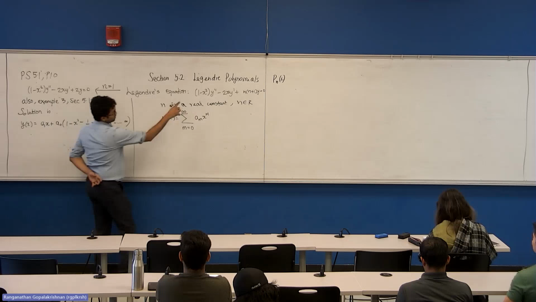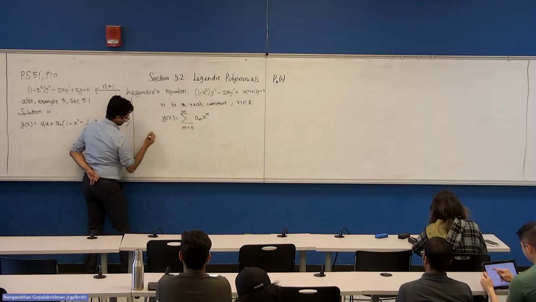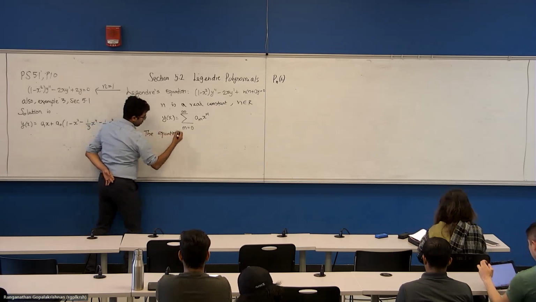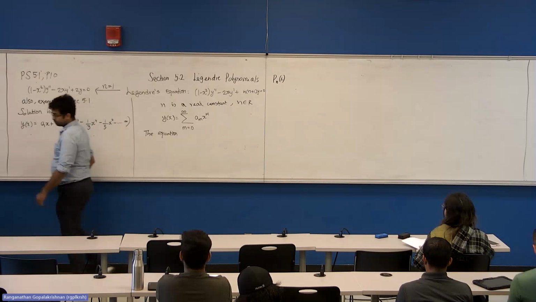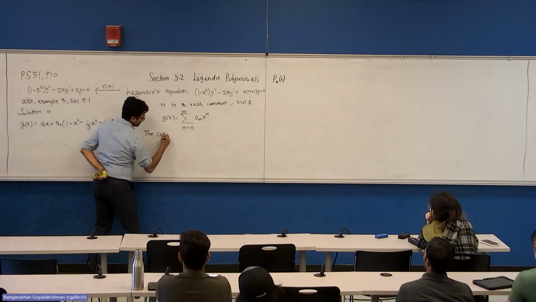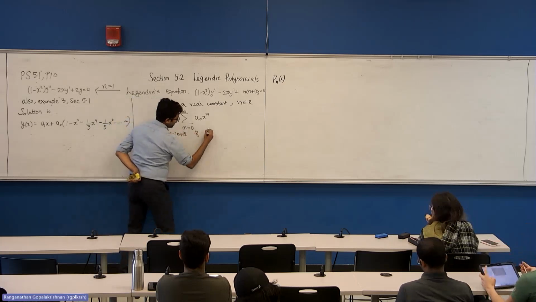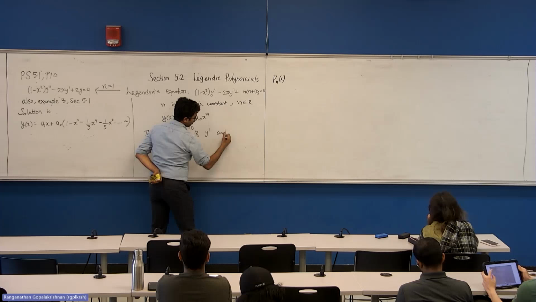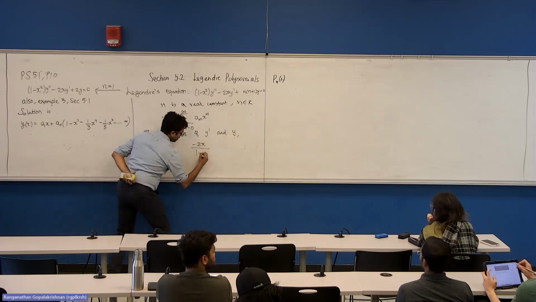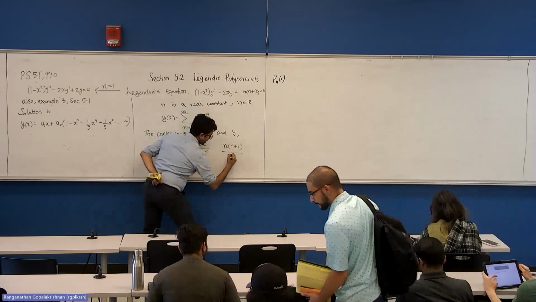And since this function is multiplied by 1 minus x squared, actually I should write the coefficients of this equation, the coefficients of y double prime, y prime and y, which are respectively minus 2x divided by 1 minus x squared and n times n plus 1 divided by 1 minus x squared.